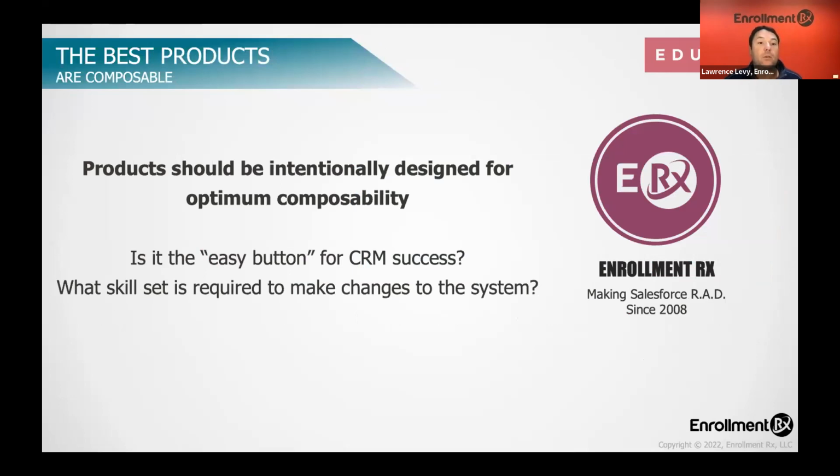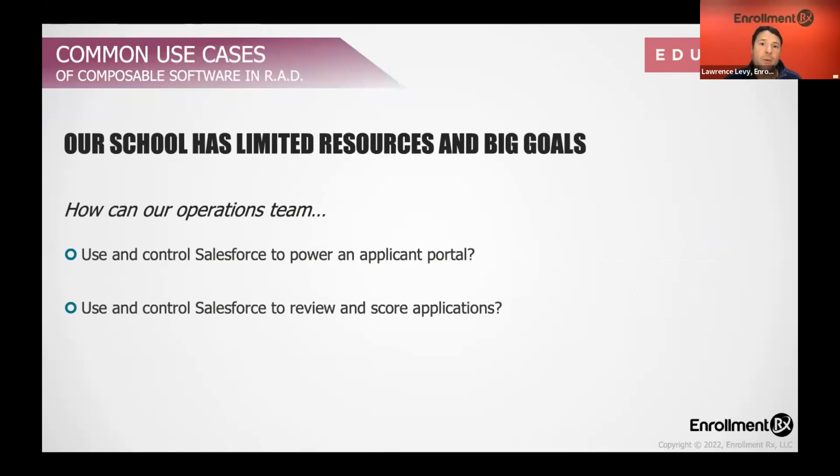So the right products are designed for optimum composability. We often challenge clients to think through, is this the easy button for CRM success? What skill set is required to make changes to the system? Whatever you're going to adopt, when you want to make changes to it in the future, what skill set would be required? So as we prepare to turn it over to Wendy, just to set the stage.